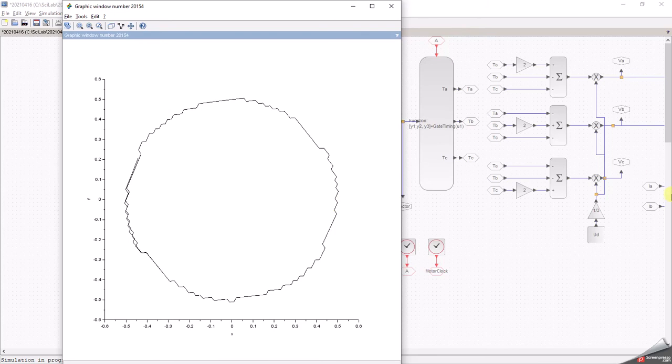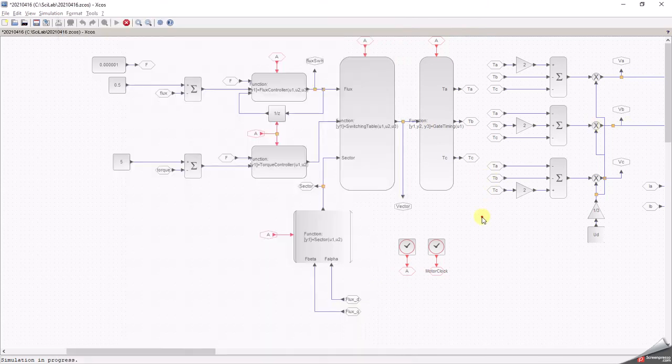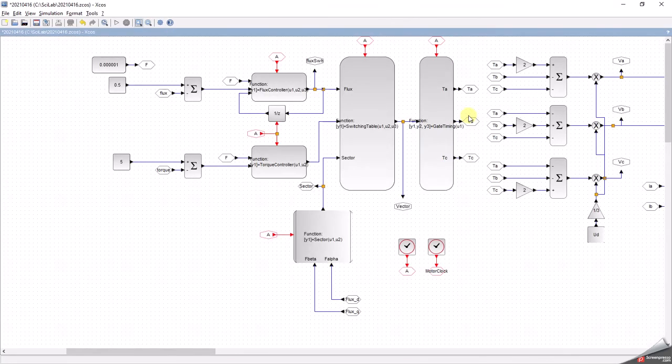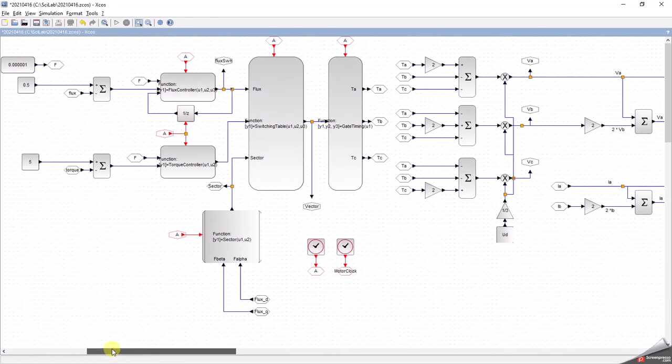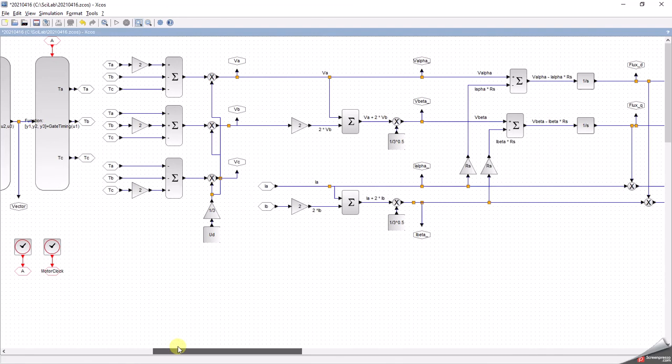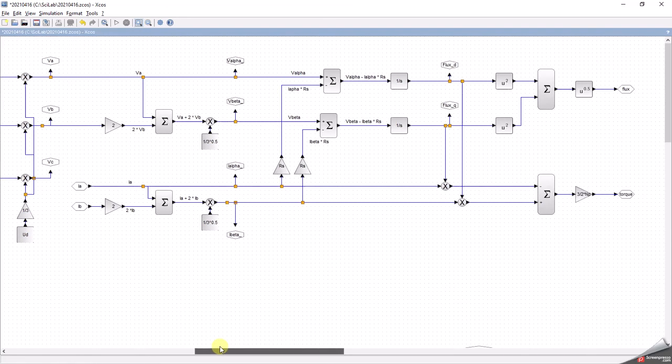Anyway, so this forms the basis of DTC. This is a very simple version of DTC, and the beauty of this at the moment is I don't actually need to know any inductances. I can more or less calculate that here.